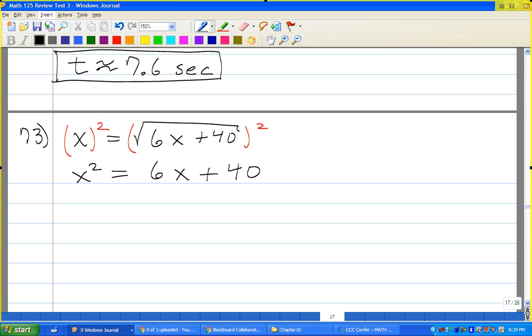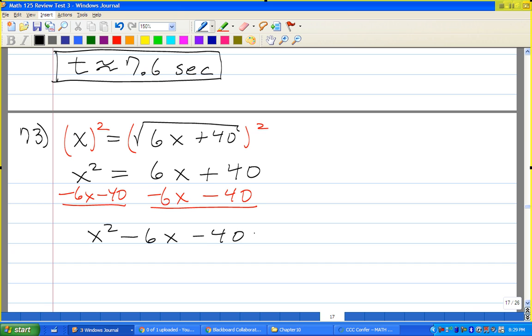Subtract 6x from both sides of my equation and 40 from both sides of my equation. And so I get x squared minus 6x minus 40 equals 0.